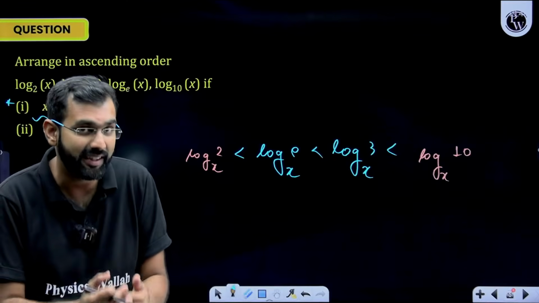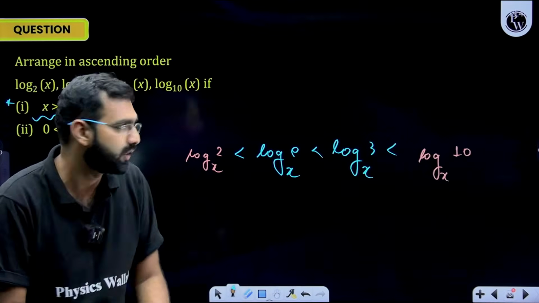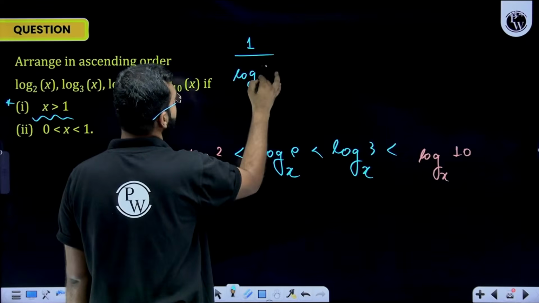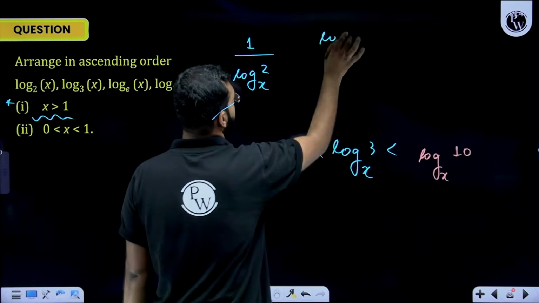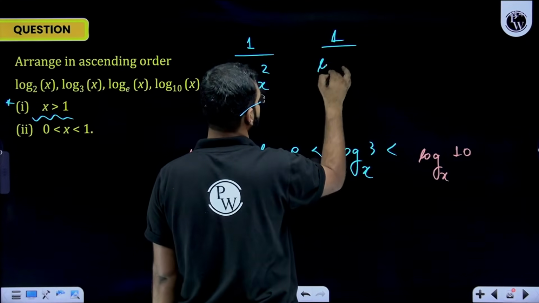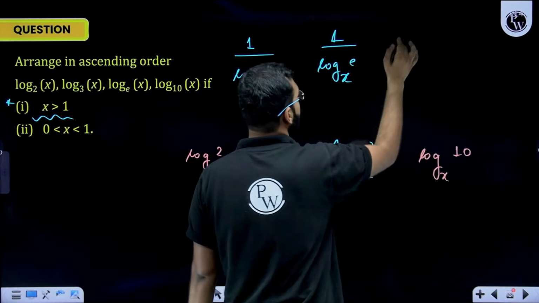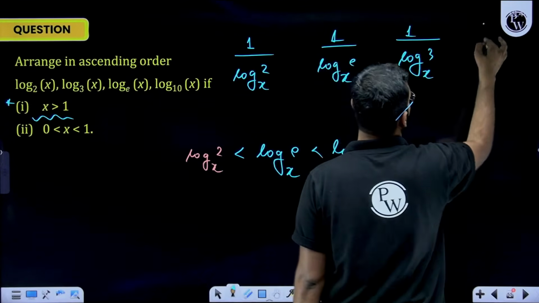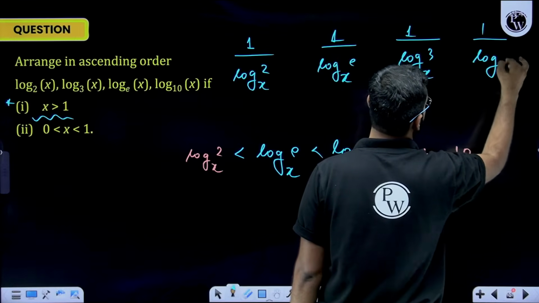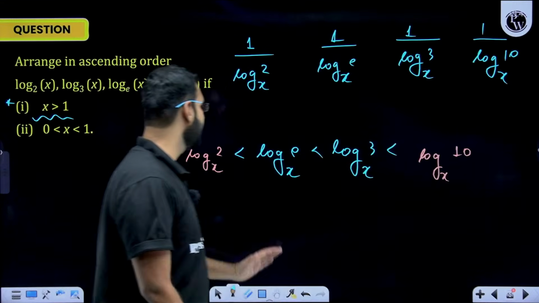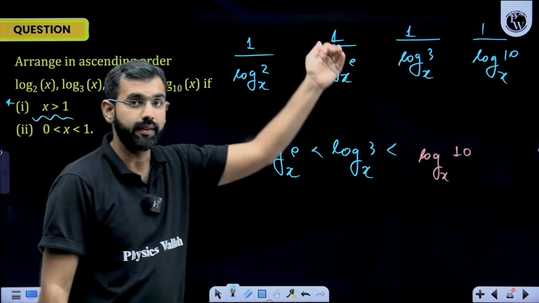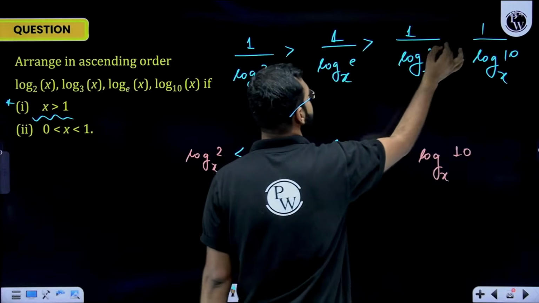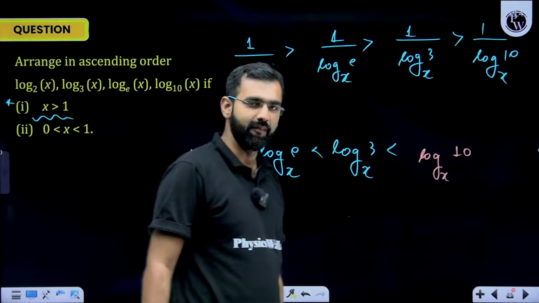When you take the inverse, the sign of the inequality changes, which means 1 by log 2 base x, 1 by log e base x, 1 by log 3 base x and 1 by log 10 base x. If they were in ascending order, their reciprocals will be in descending order, which means this will happen. Everybody getting this?